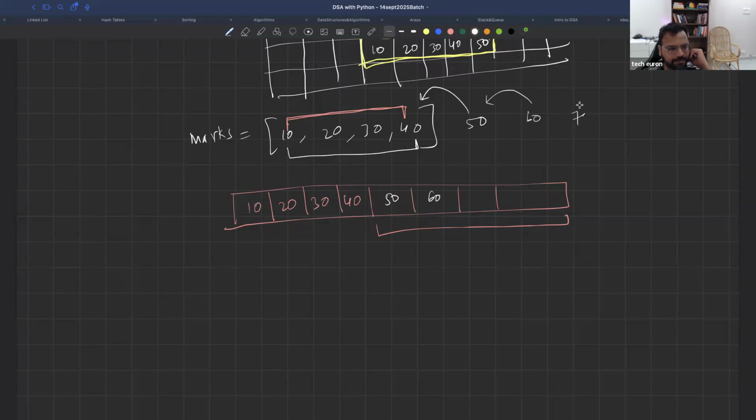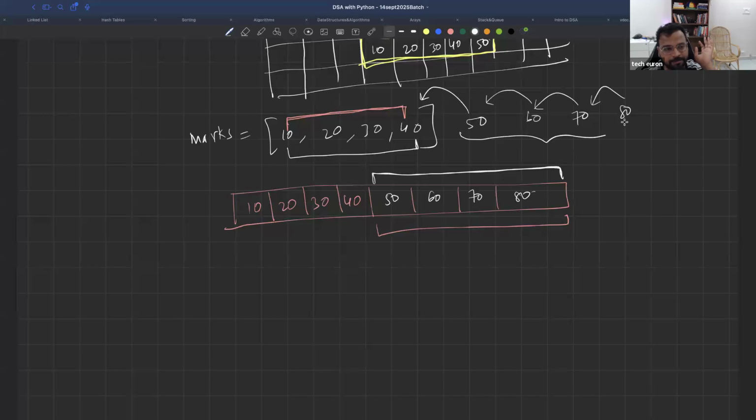Add 70, fine. Add 80, fine. Now, whatever buffer we have taken, that is also full. But what was the benefit of the buffer? The benefit was that for these many elements, when we were appending, it happened in O of 1. All of you are following?